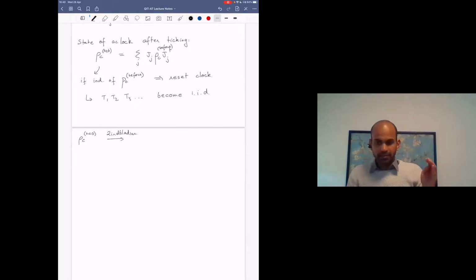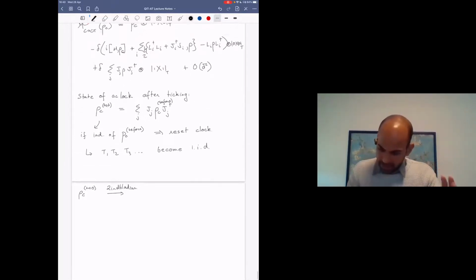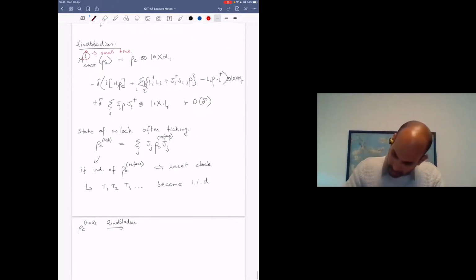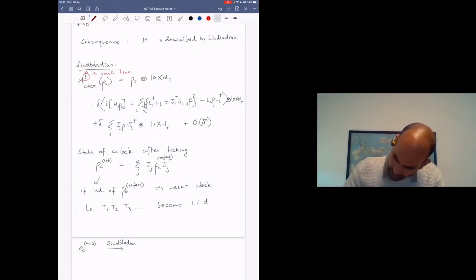And what I'm going to have at every time t, maybe I should have talked about this first, is that the probability of a tick is given by this part here, equal to delta times the trace of J rho J dagger.